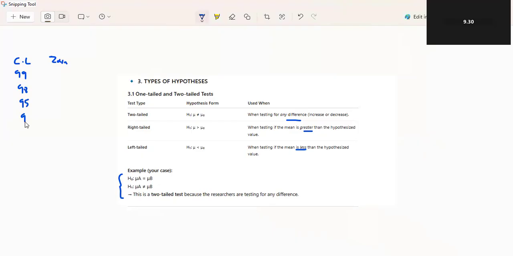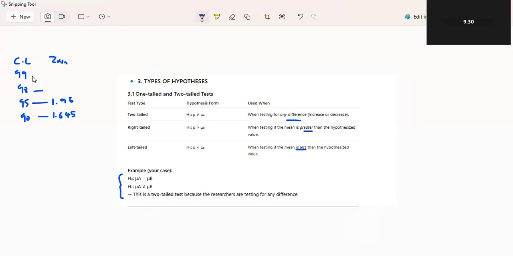What are the Z values for these ones? Let's start with the last one. 90 is a Z of 1.645. For 95, what is the Z? 1.96. All right.